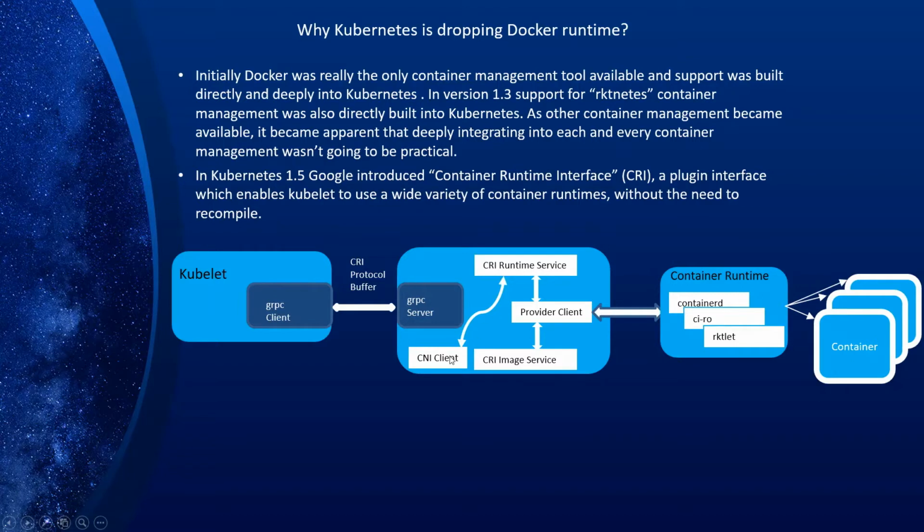The CRI runtime also talks to the CNI client. CNI stands for Container Network Interface. And the CNI client talks to the CNI provider, such as Calico or Flannel. And those manage the networking part of the containers and pods.